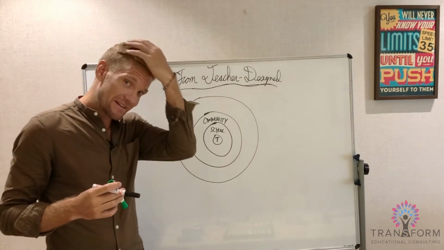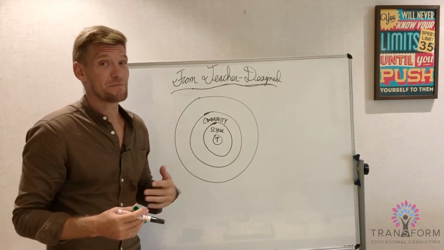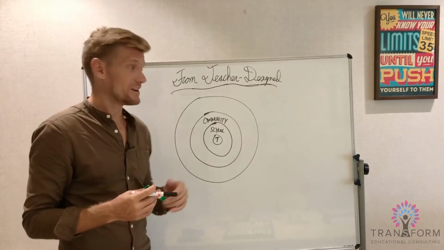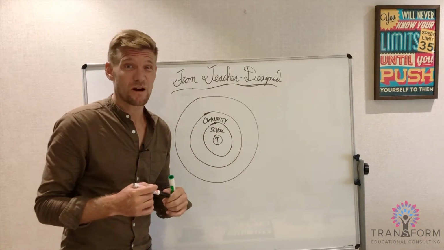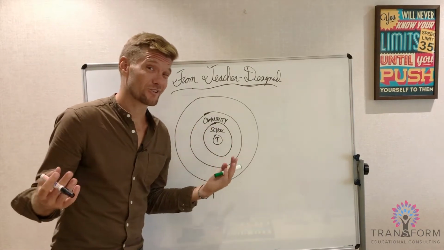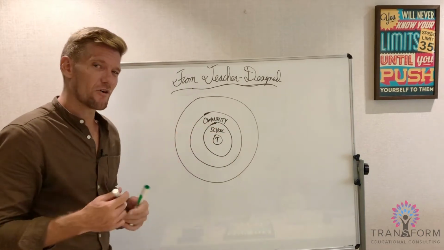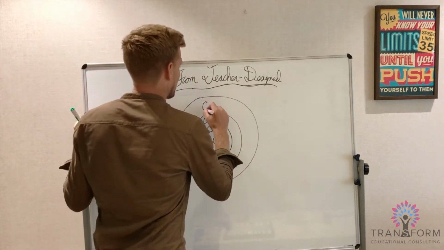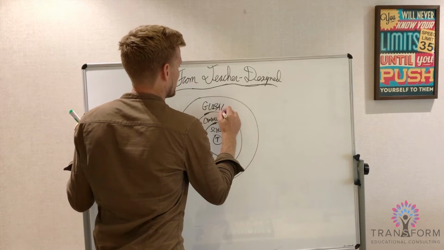Perhaps maybe at the end they think about their learning and maybe inviting some people from the community, maybe some parents or some other people, or maybe they go to a museum and maybe that's part of their learning journey, but really they're probably not involving the community that much. And then you have here is the global community.